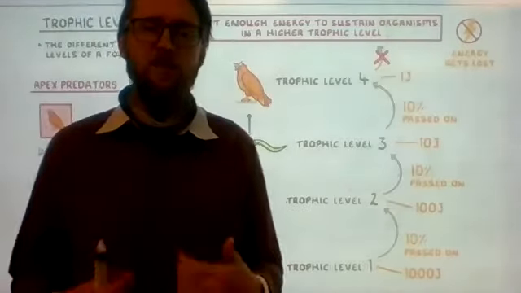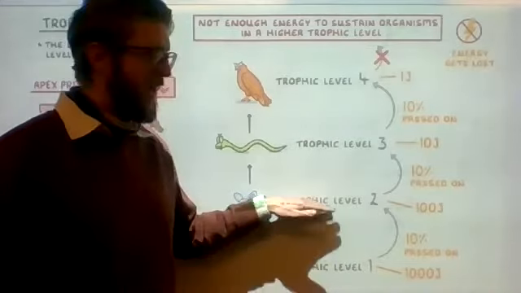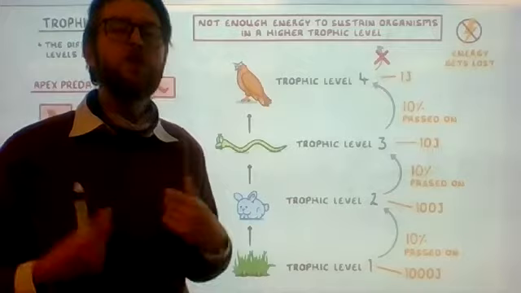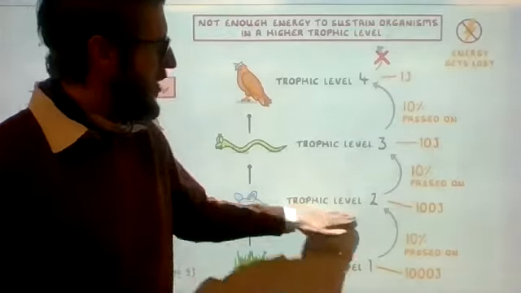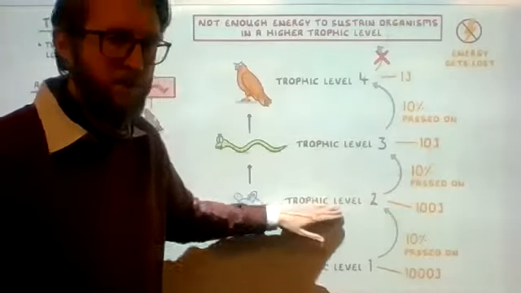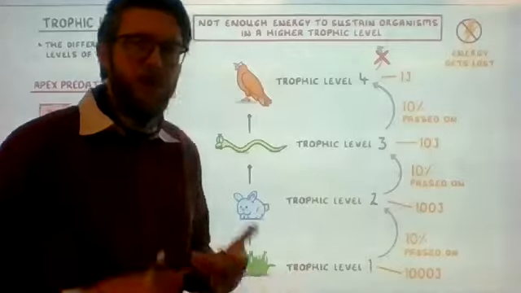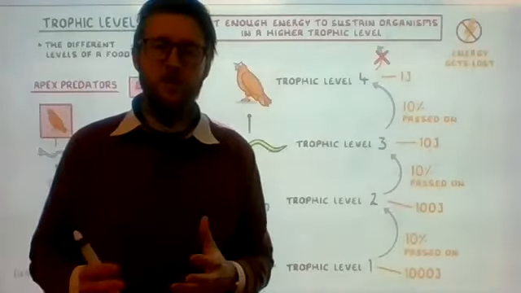Now you can't have more organisms in a level than you have energy to support them. So you cannot have 200 joules worth of organisms in this level because there's only 100 joules of energy available. Everything in the world is energy.